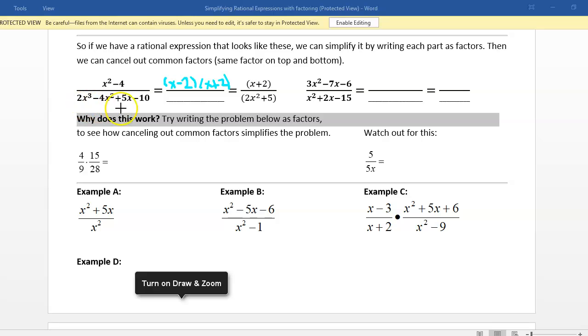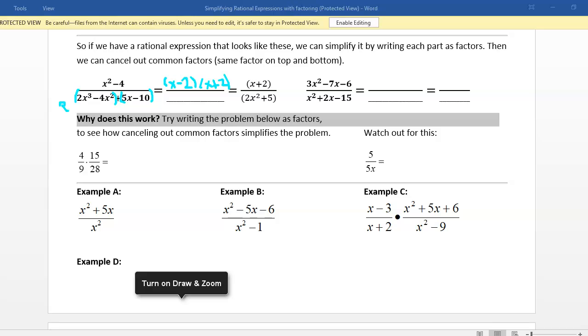I'm going to factor this using the GCF method, grouping. I'll group together the first two terms and the last two terms, and take the GCF of each group separately. For my first group, the GCF is 2x squared. Let me get another color, I'm not liking this blue.